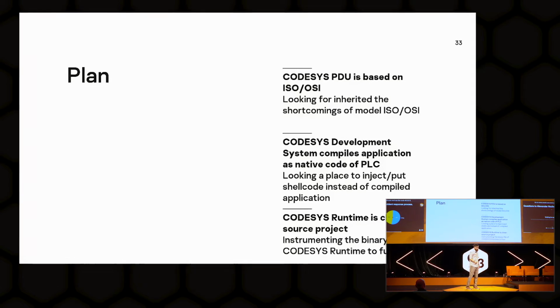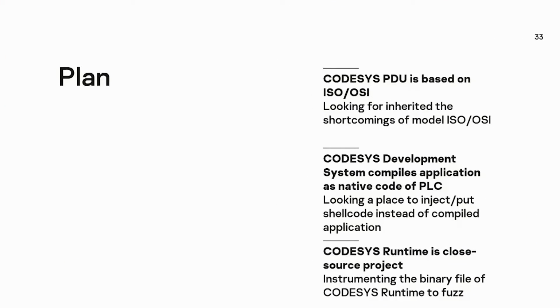And the last one: CODESYS Runtime is a closed source protocol, so it is always hard to create quality fuzzing without the source of the application, but we adapted AFL.